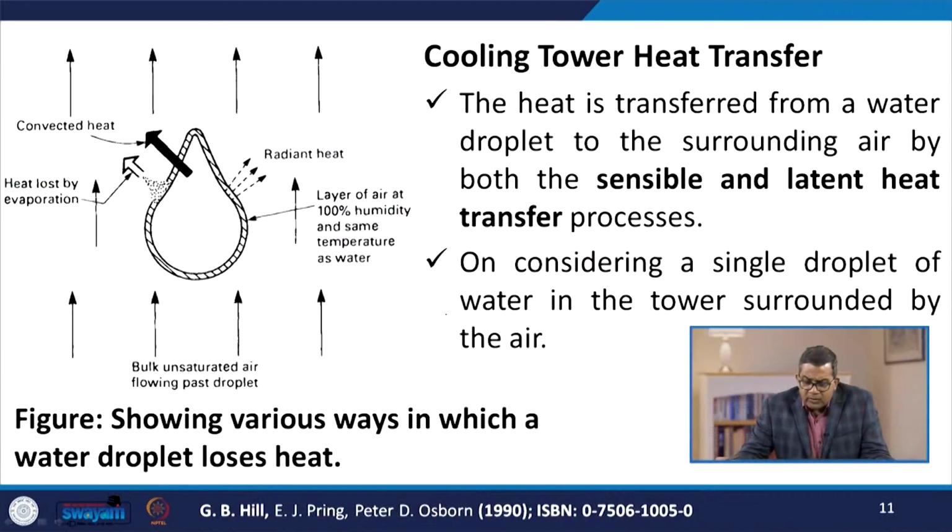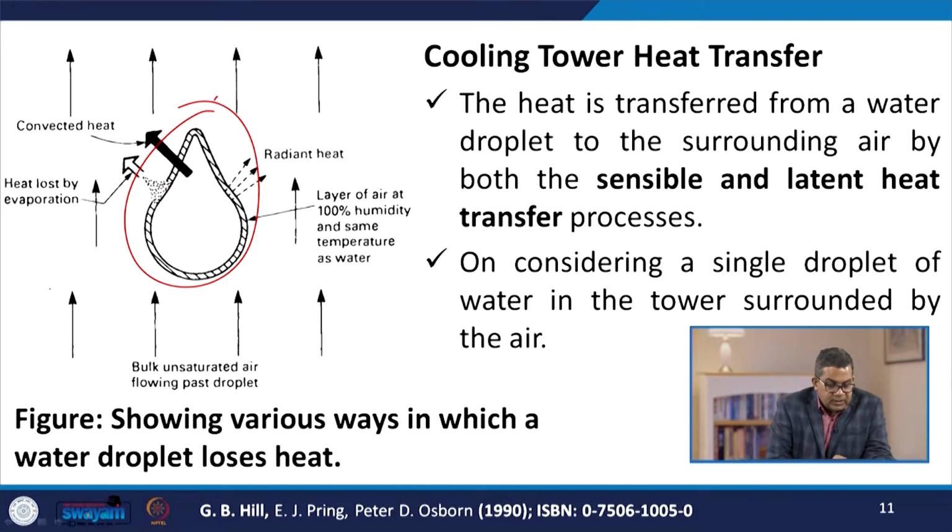Now, let us talk about the cooling tower heat transfer. The heat is transferred from water droplets to the surrounding air by both sensible and latent heat transfer processes. Now, if we consider a single droplet of water in the tower, it is surrounded by unsaturated air.